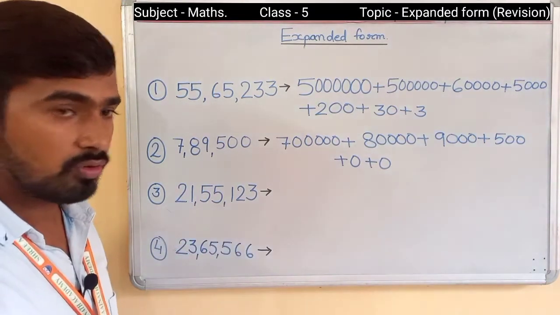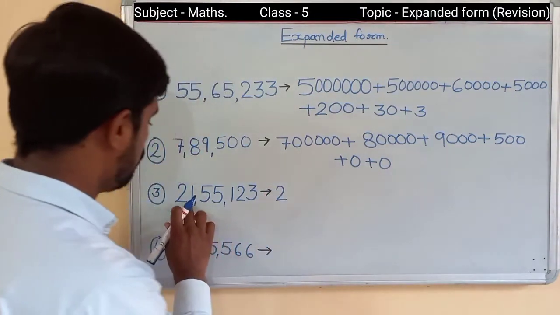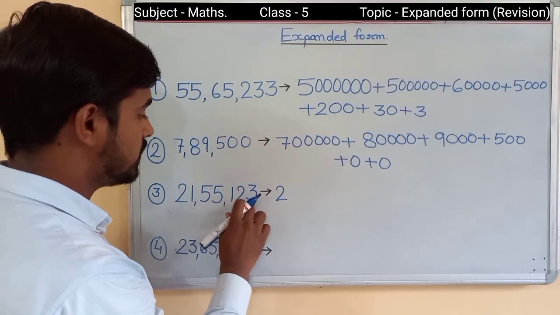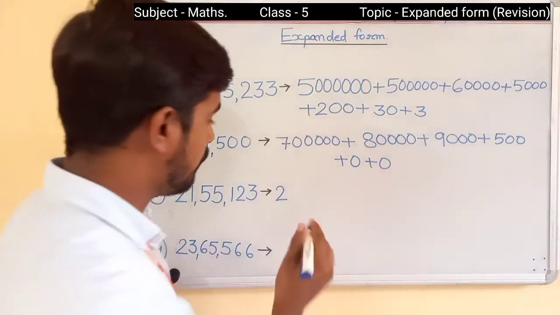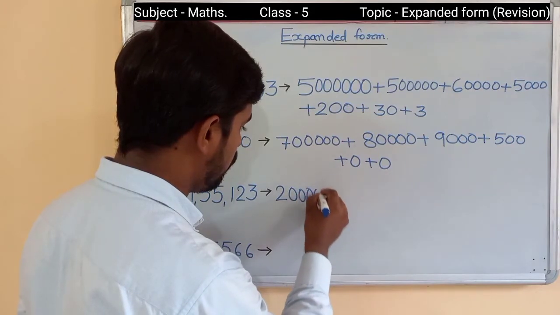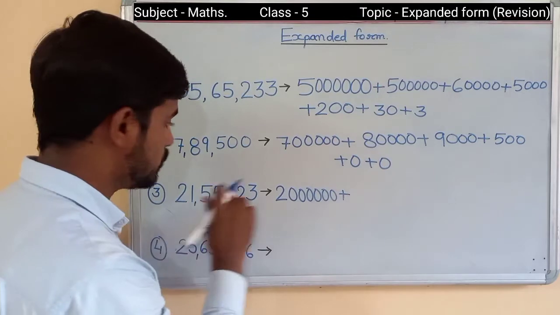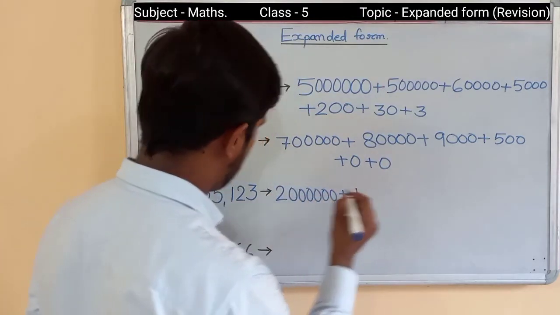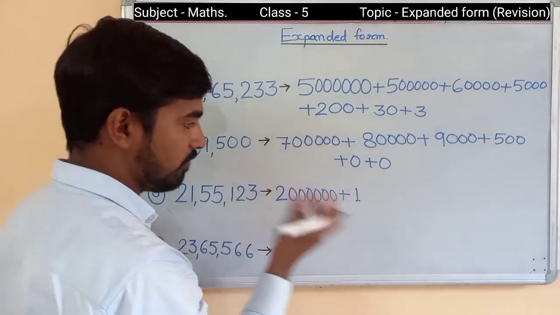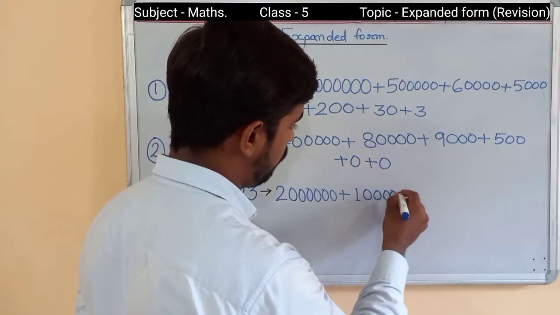55,123. Okay, children. Write the place value of this 2. 1 2 3 4 5 6. 6 digits, 6 zeros. Okay, now this one 1. 5 digits, 5 zeros.